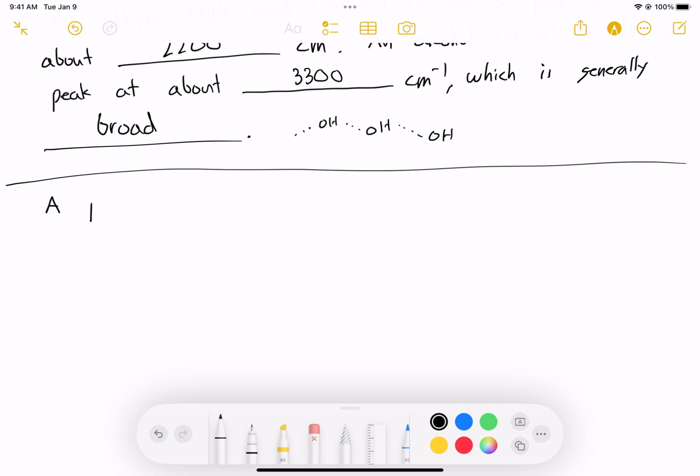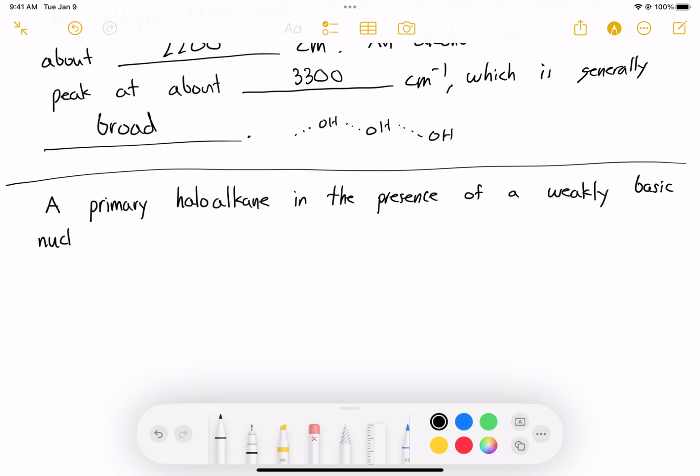So a primary haloalkane in the presence of a weakly basic nucleophile is likely to undergo: is it SN1 and E1?